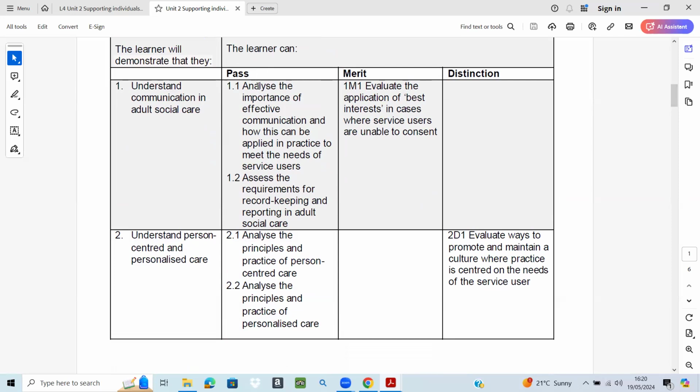We have to do 1.1 and 1.2. Then we will go for the merit criteria, then the 2.1 activity, then 2.2. Then we will go for the distinction criteria.